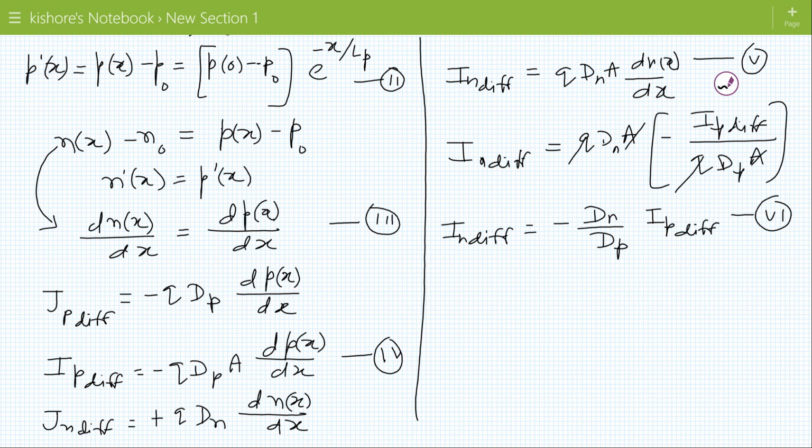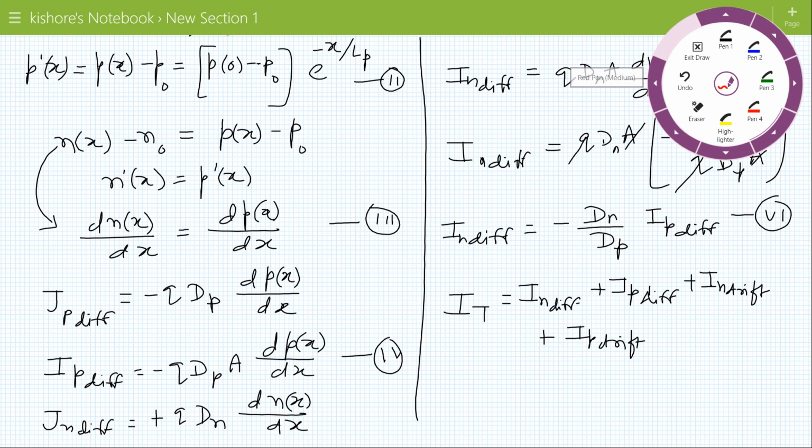See, the semiconductor is not externally connected, so the total current has to be zero, and this total current is IN diffusion plus IP diffusion, electron diffusion current plus hole diffusion current plus electron drift current plus hole drift current. Here semiconductor is N type, so obviously holes are the minority charge carriers, and drift current is proportional to the concentration of charge carriers.